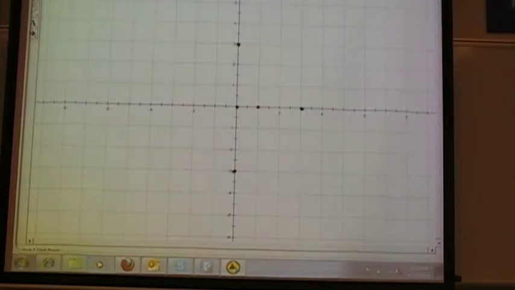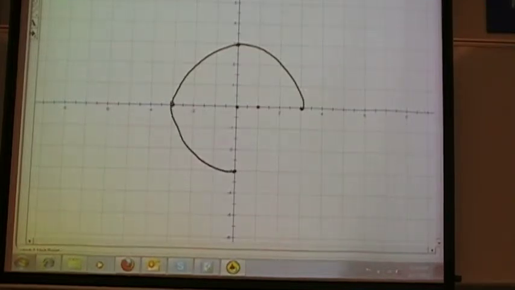Is it always 3? No, just this example, because they told me the radius was 3. All right, and then I'll draw the best circle I can. Does it have to be exact? No, unless you can get a compass out.